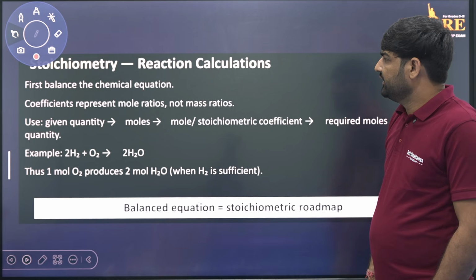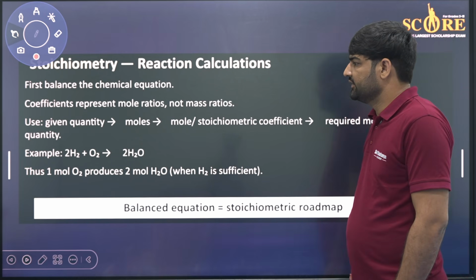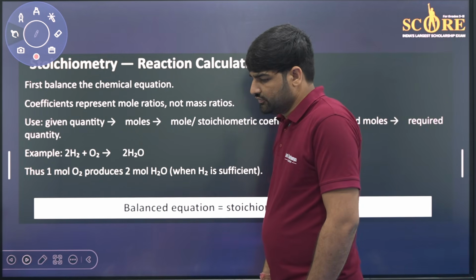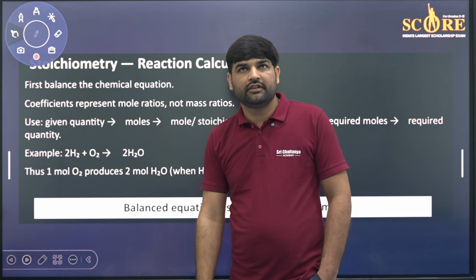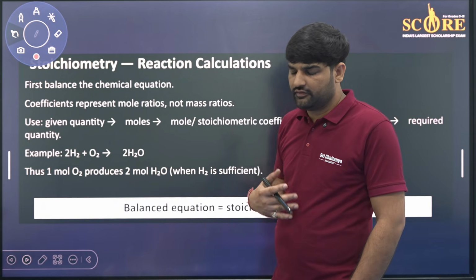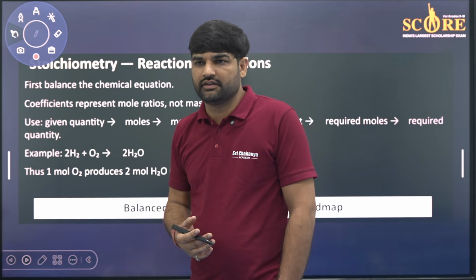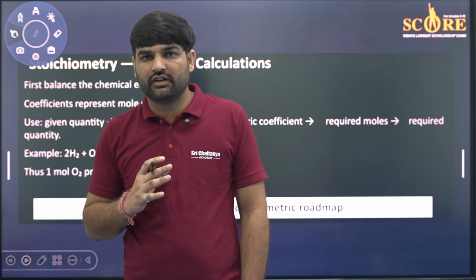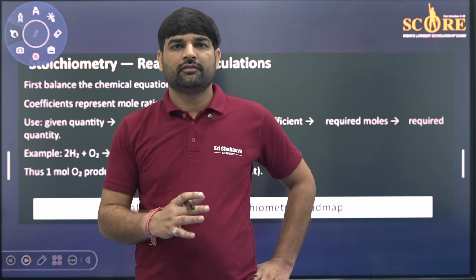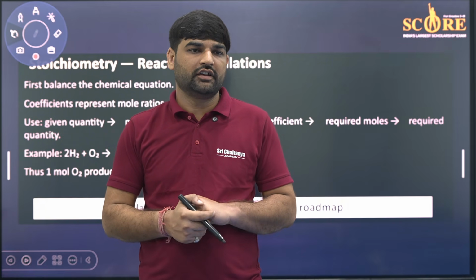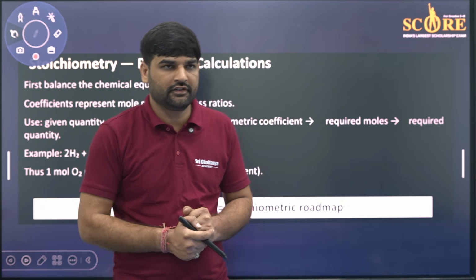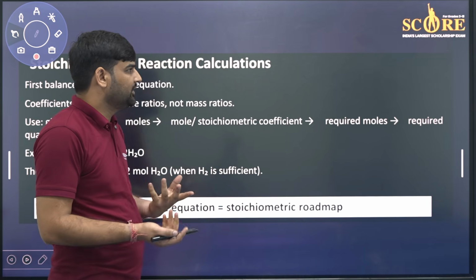stoichiometry and reaction calculations. So what is stoichiometry? This concept is valid for a balanced chemical reaction. It means it is very important to balance the chemical reaction first, then you have to apply stoichiometry. Stoichiometry is a basic concept.